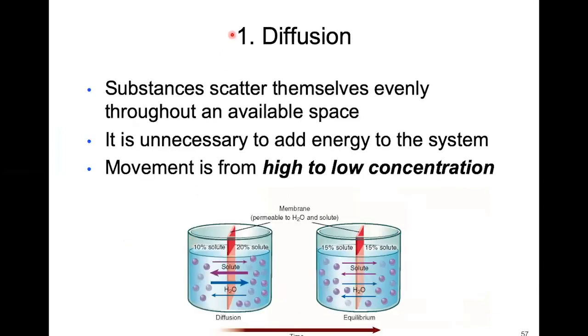So let's look at some examples here. First off, diffusion, as I just mentioned, is a passive process by which molecules or substances move from an area of high concentration to low concentration. In this case, we're looking at a solution where the membrane placed between the two compartments is permeable to both water and the solute dissolved in that water.